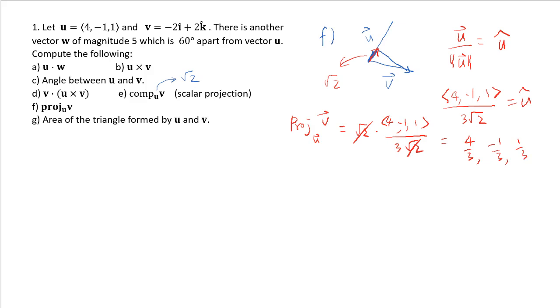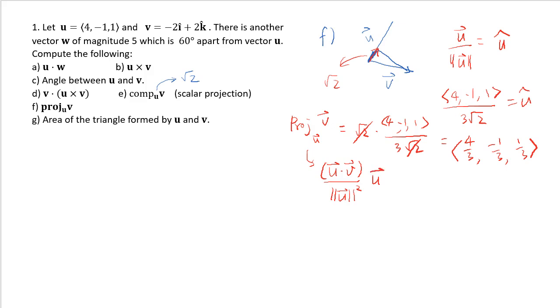Because if you divide by a number, it divides each element. So that's the projection. Now, alternatively, you can use the formula, which is, the formula for projection is u dot v over u norm squared times the vector u.